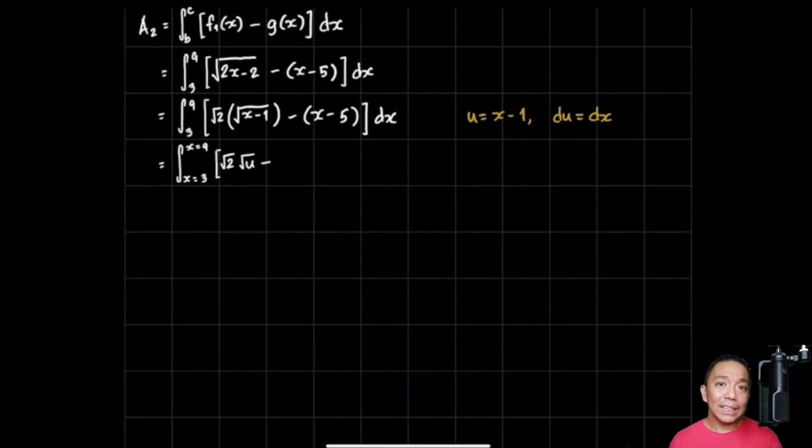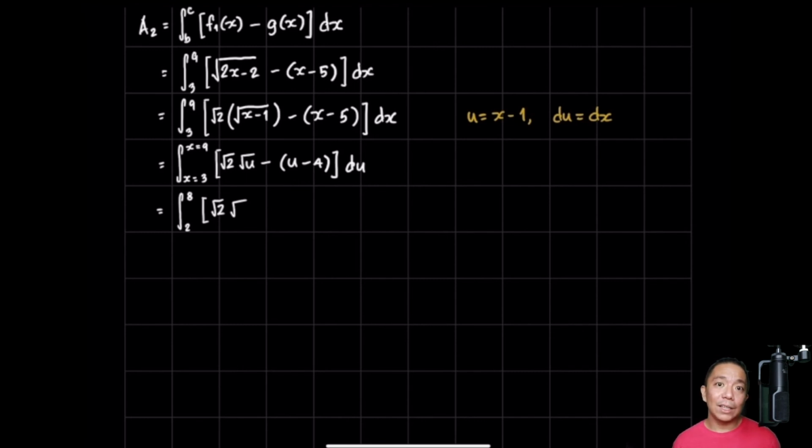Now, paano natin papalitan yung x minus 5 para maging u siya? If u is equal to x minus 1 at meron na tayong x minus 5, then si x minus 5 must be equal to u minus 4 na lang, di ba? Now, yung dx pinalitan na natin ng du. Then let's replace yung x equals 3 and x equals 9 with 2 and 8 respectively.